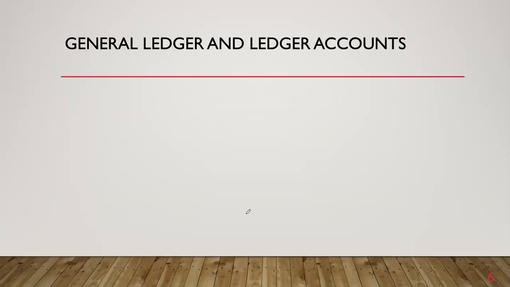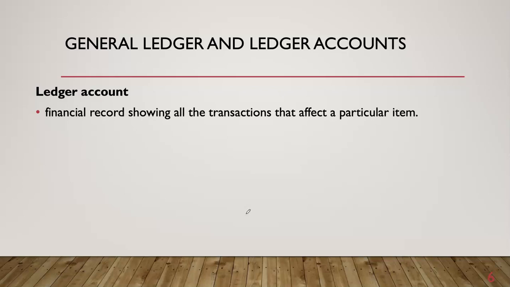So what is a general ledger and a ledger account? A ledger account is simply a financial record, and this could be as simple as a piece of paper that shows all the transactions that affect a particular item. And what do I mean by a particular item? Any of the headings that you would see in a report.